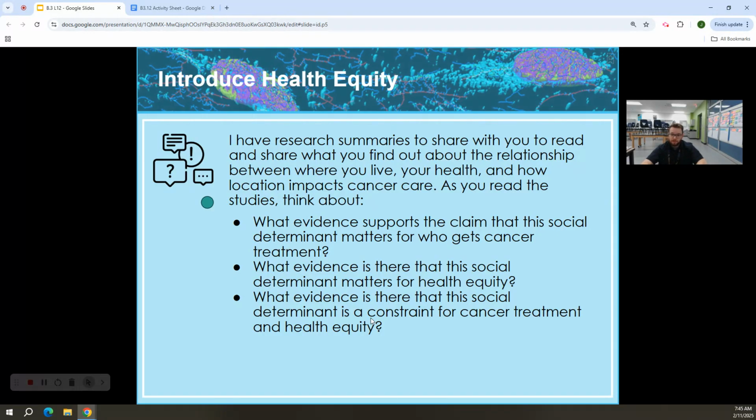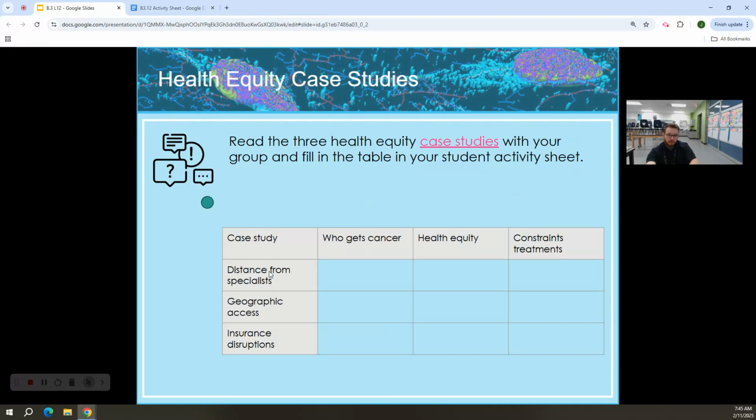So where I live, how much money I make, different things like that. And what evidence is there that social determinants matter for health equity, and that a social determinant is a constraint for cancer treatment or is preventing people from getting the cancer treatments that they need? Be thinking about these things as you're reading these case studies.